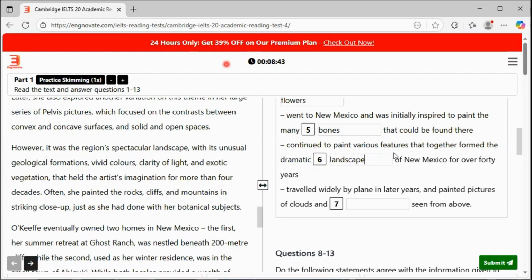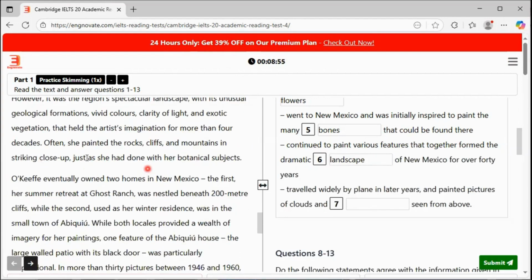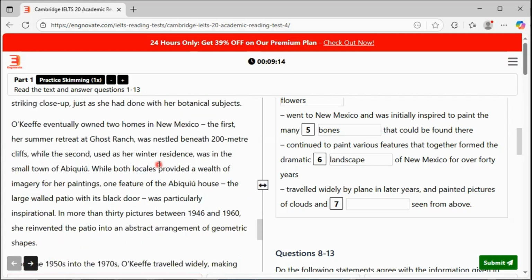I'll go for landscape. Number 7, traveled widely by plane in the later years and painted pictures of clouds and dash seen from above. Okay. Clouds and dash seen from above. Let's go back to the passage. Where is plane? It says traveled widely by plane. So O'Keeffe eventually owned 2 homes in New Mexico. Okay. I'm looking for planes.